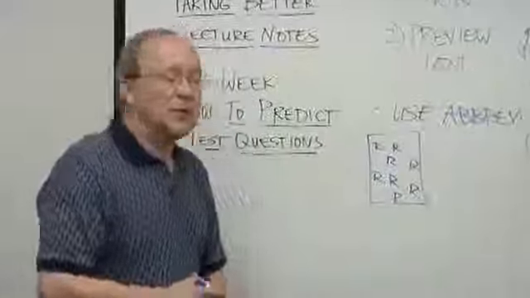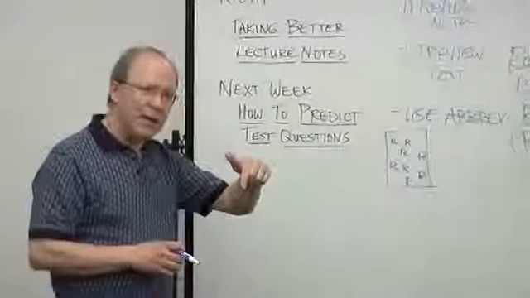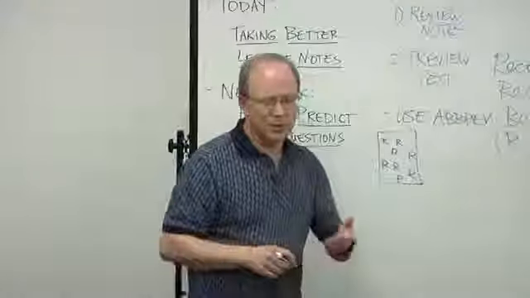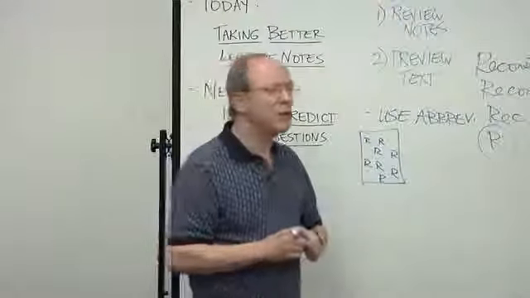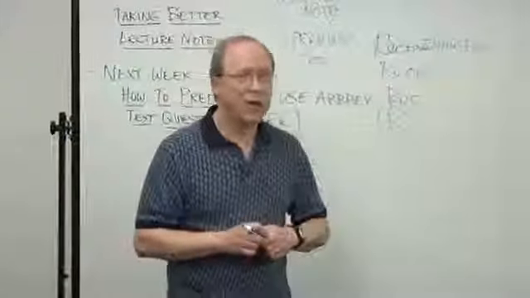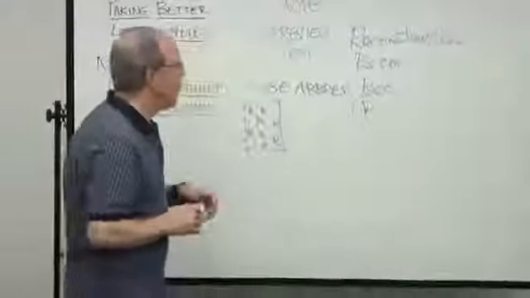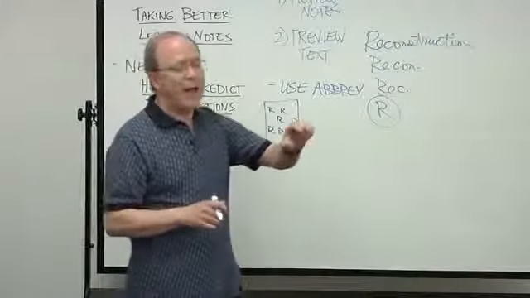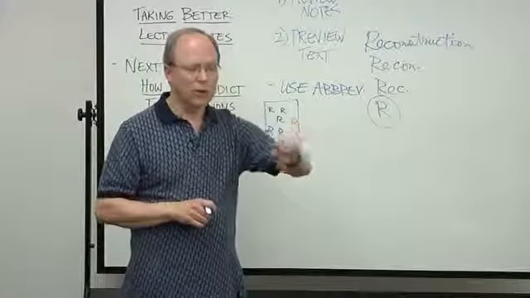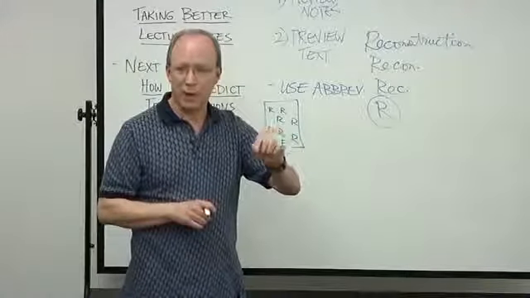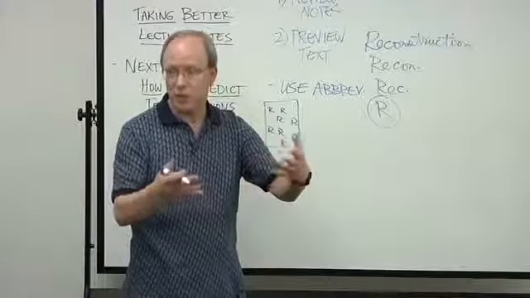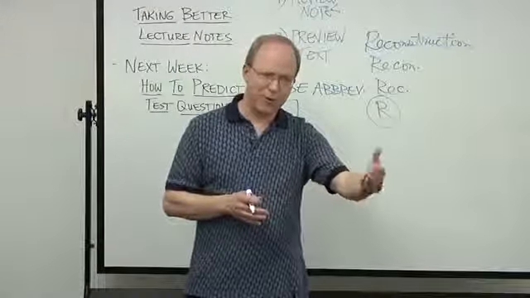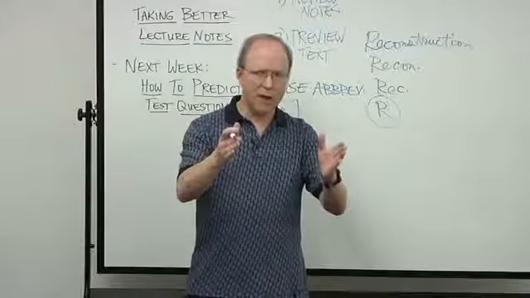So this brings me back to the first point that I made on the outline, and that is to prepare for lectures. One of the things a lot of people do, which doesn't take very long and is very smart, is that when they're looking through their notes or their textbook, and they happen to notice certain words that keep coming up over and over again in the book because it's the main subject of the chapter, they realize, when I go to class tomorrow or later today, I'm going to have to write that word a lot, and I don't want to write it.